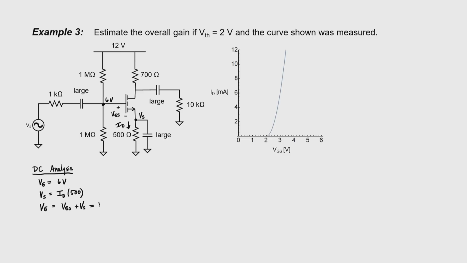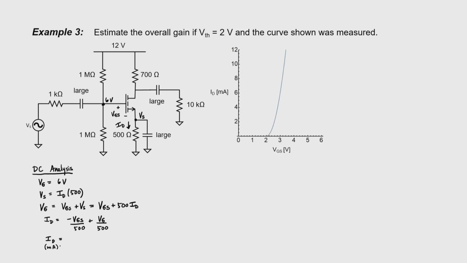We can substitute in for my source voltage. And I now want to rewrite this equation so that the drain current is on the left. I already know my gate voltage, it's 6 volts. I'm going to rewrite this one more time, but I'm going to assume that the drain current is in milliamps.